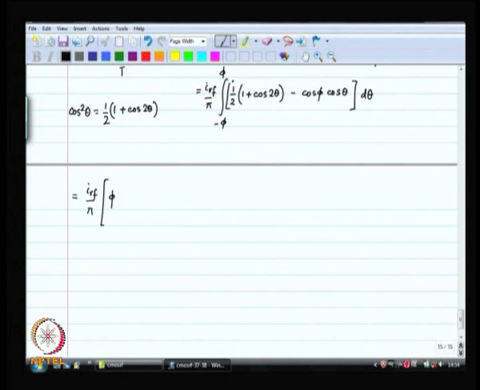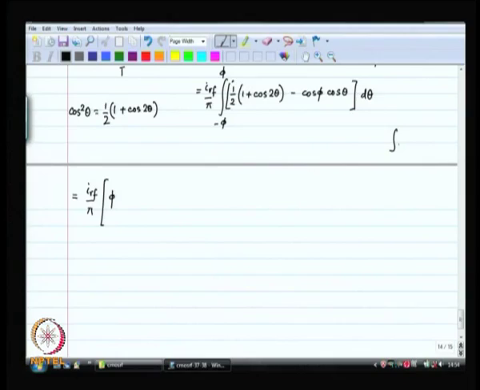Right. The second integral is integral of half of cos 2 theta d theta. If you think about this, you replace 2 theta with alpha.